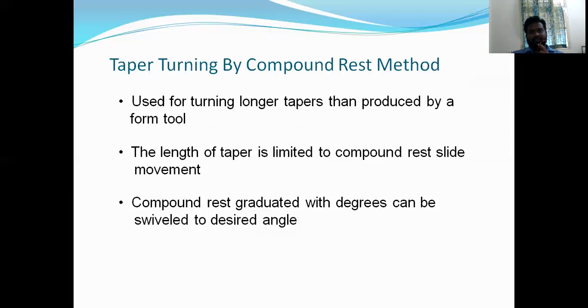So here also the length is limited, but compared to the forming tool method, the length is more. The degrees are graduated on the compound rest, and with those degrees we rotate our compound rest, right?